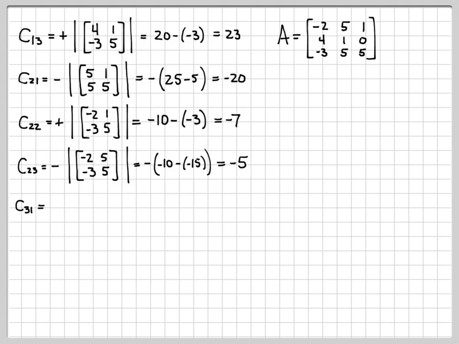C31, I get by striking out the third row and first column, so I'm left with this submatrix, [5, 1; 1, 0]. C32.